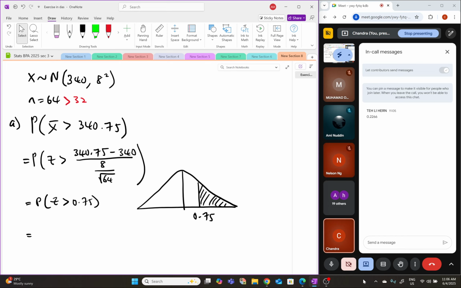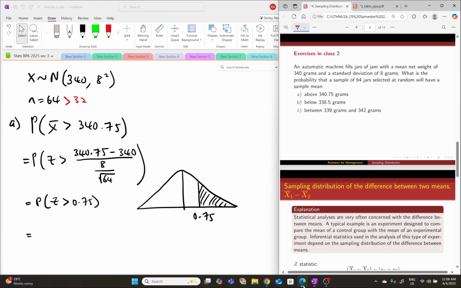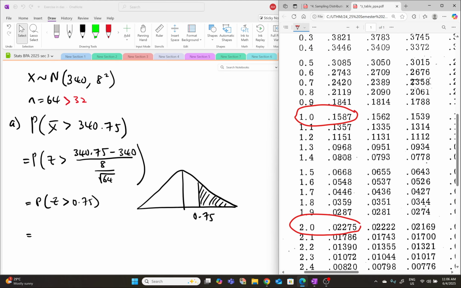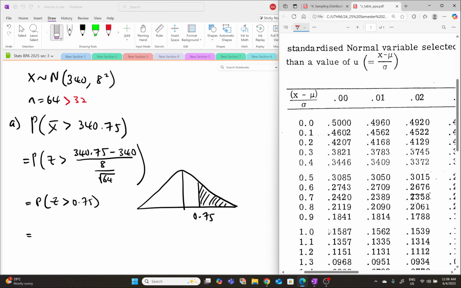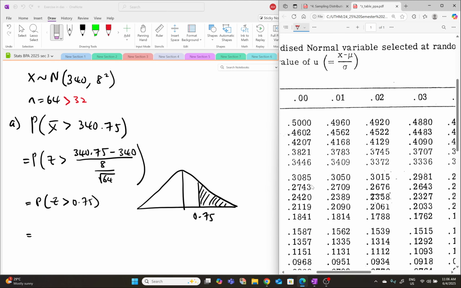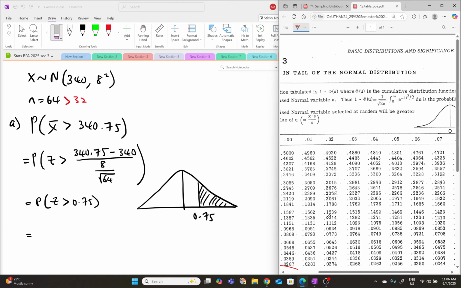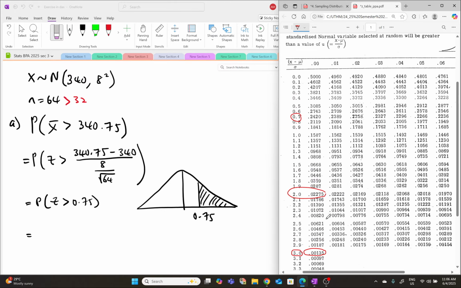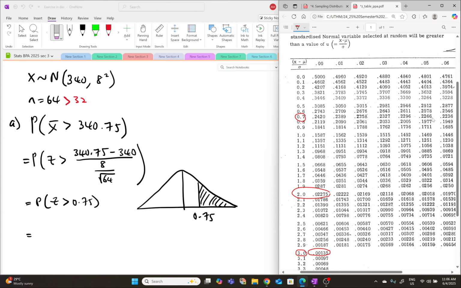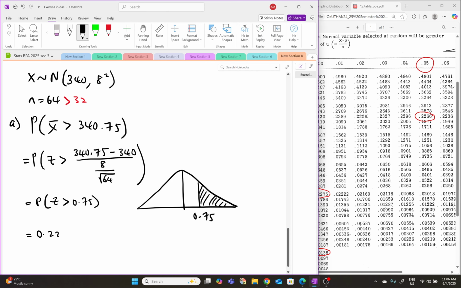So here, if I go back to the 0.75, okay, 0.2266.